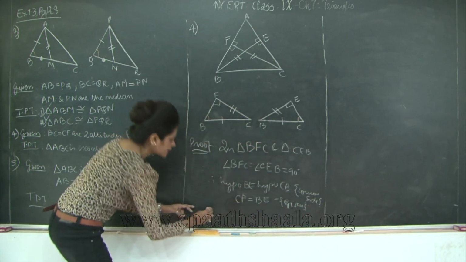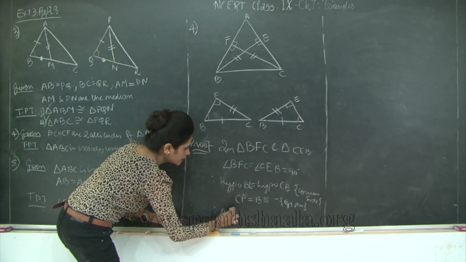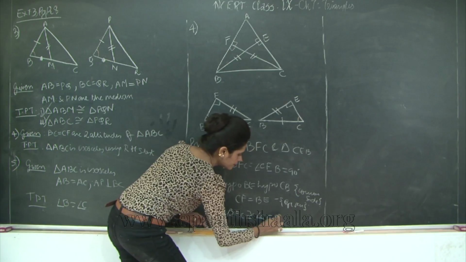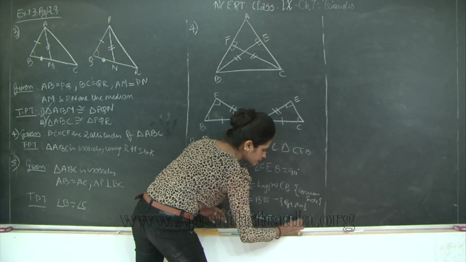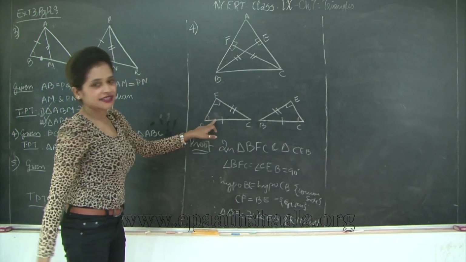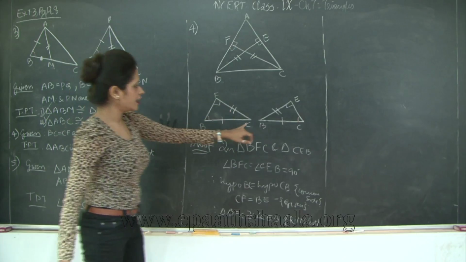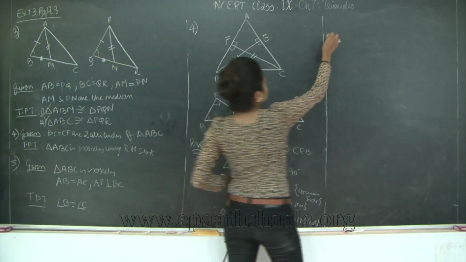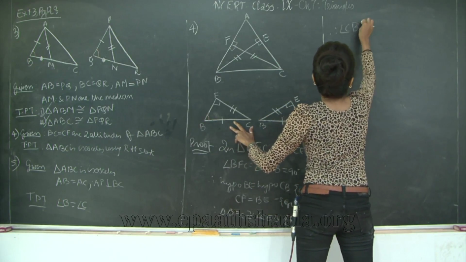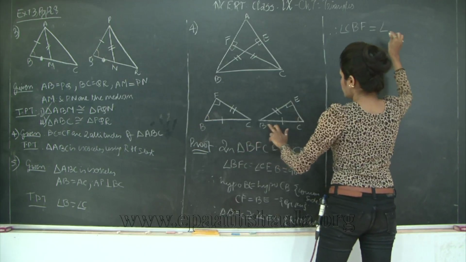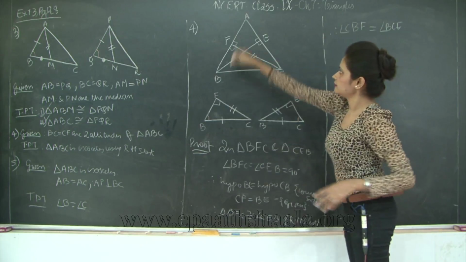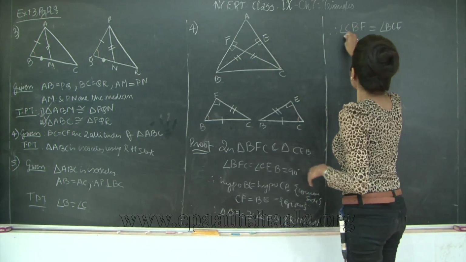Therefore, what can I say? That triangle BFC is congruent to triangle CEB by RHS test. Now let us prove these angles congruent, that is CBF and BCE. Therefore, angle CBF is equal to angle BCE, which implies CBA is equal to BCA, correct.